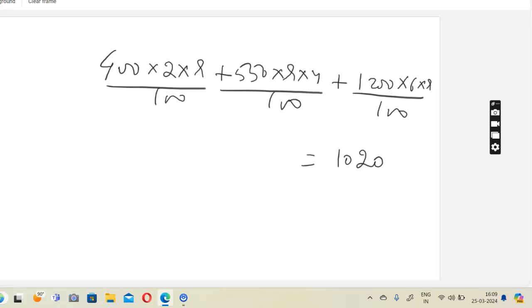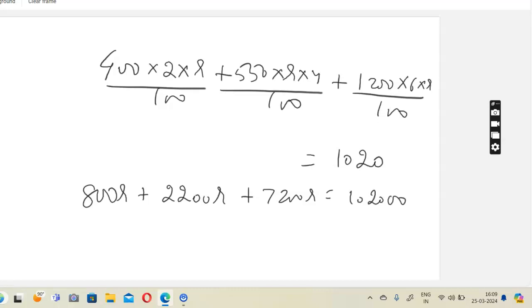We bring this 100 here. So 800R plus 55 fours are 220, so a 0 will be added here, 2200R, plus 7200R, that's equal to 102000.